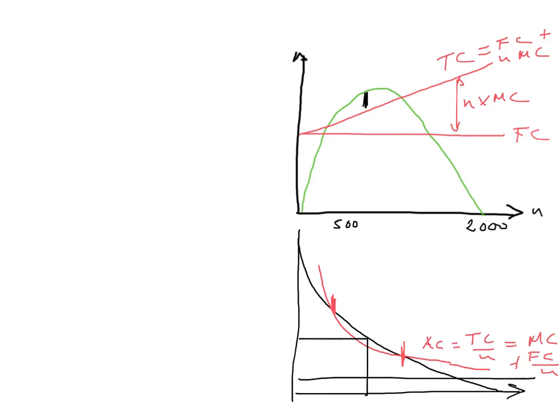And this is the total revenue, and this part here is the total cost, and this part here is the profit. And the revenues minus the total cost is then equal to the profit.